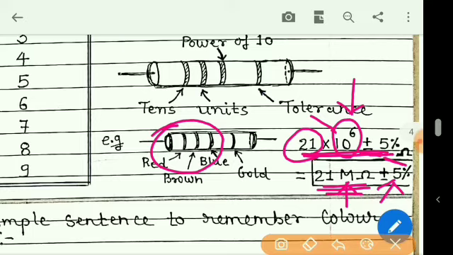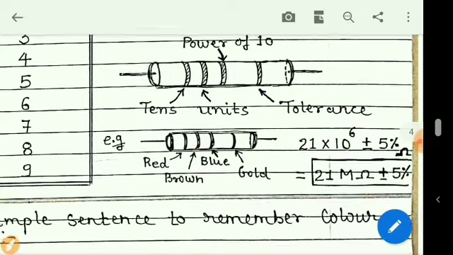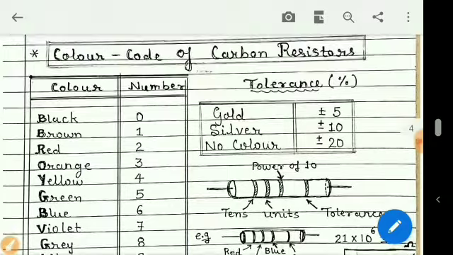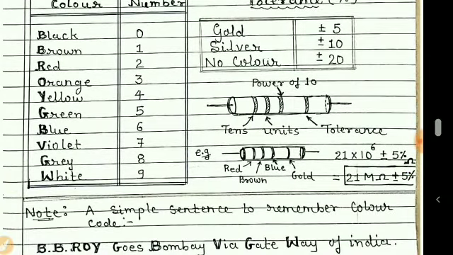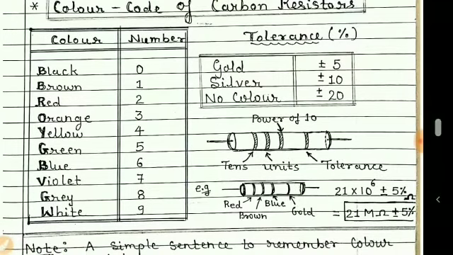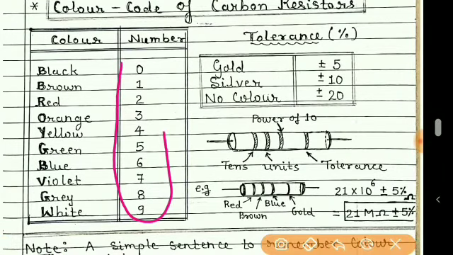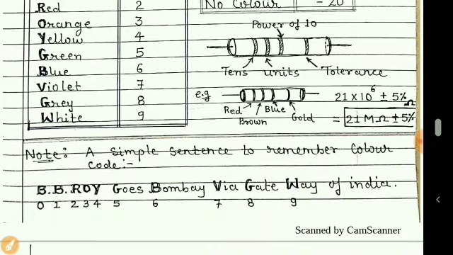So students, I hope you understood how to find the value of the given carbon resistor on which the color bands are printed. Now, how to remember these numbers corresponding to their colors? For that, students, remember this sentence.